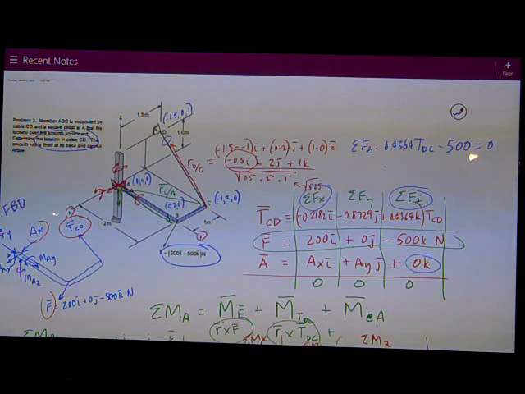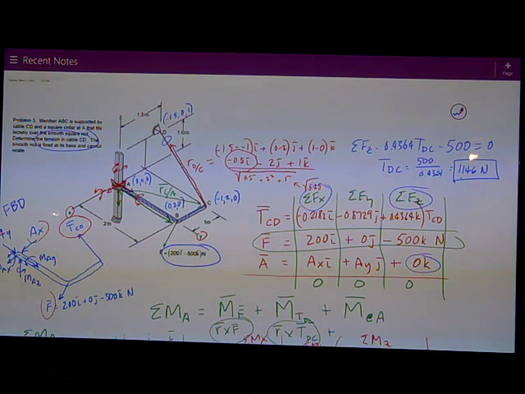So I rearrange that and I see that TDC is positive 500 divided by 0.4364, and that works out to be the magic number of 1146 newtons. And there I've got my answer. I could have solved it without even looking at the moments.